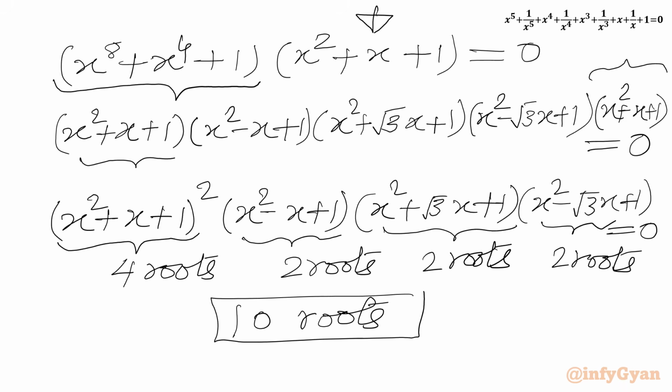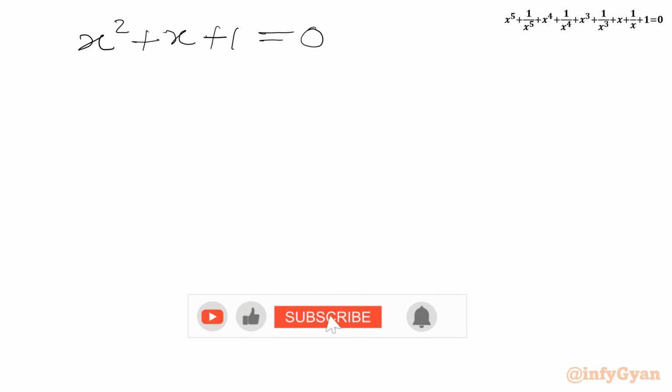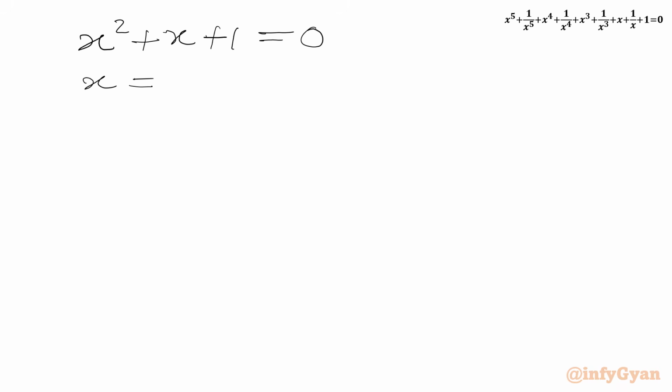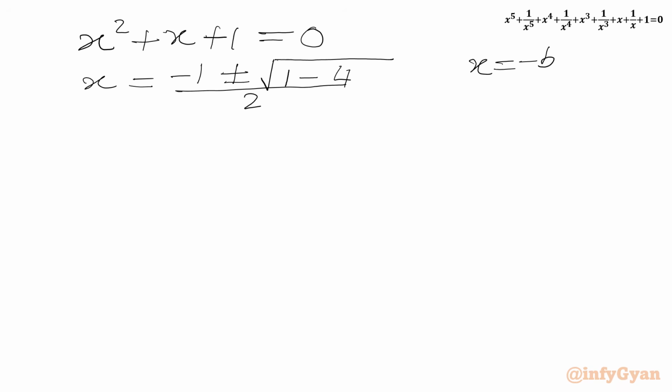Now we have to find all. So let us begin with the first bracket, x square plus x plus 1 equal to 0. We will use the quadratic formula. As per formula, x equals minus b plus minus square root of b square minus 4ac over 2 times a.